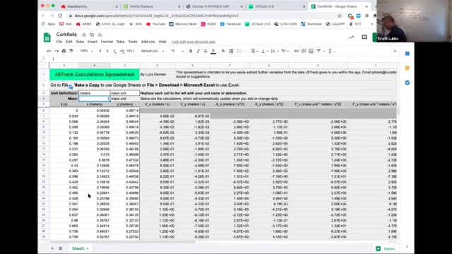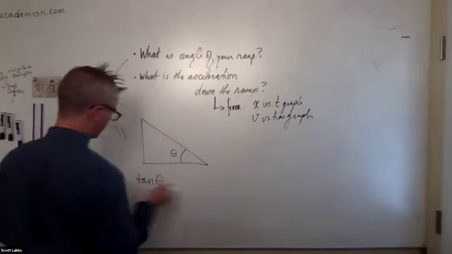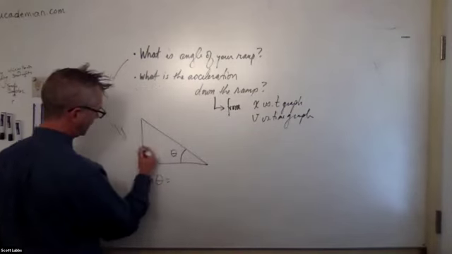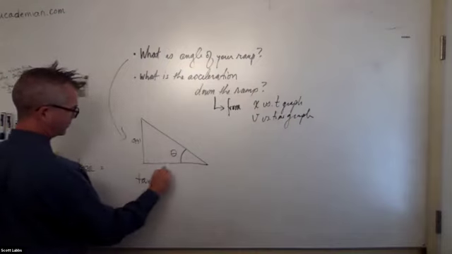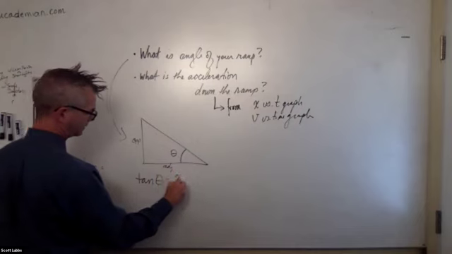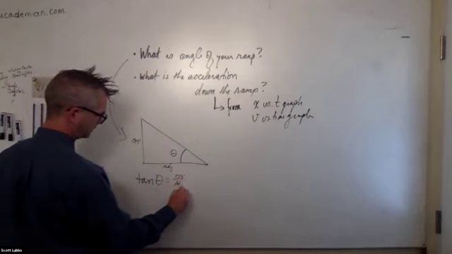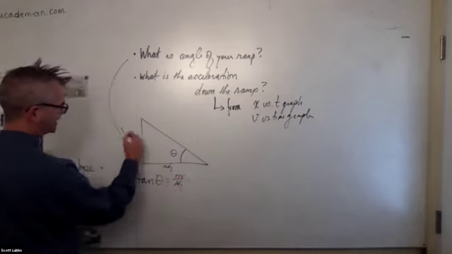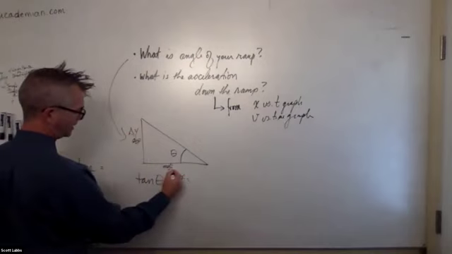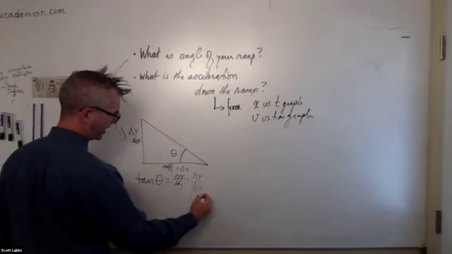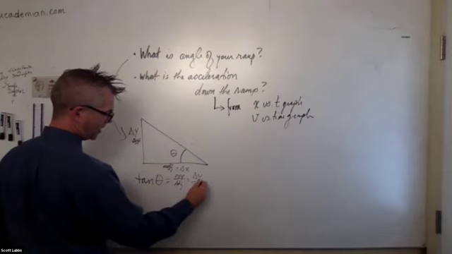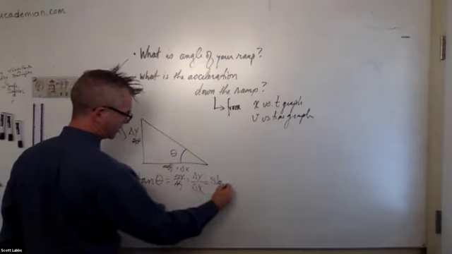The tangent of that angle is your opposite over adjacent. In this case, this is your change in Y over the change in X. Change in Y over the change in X is just the slope.